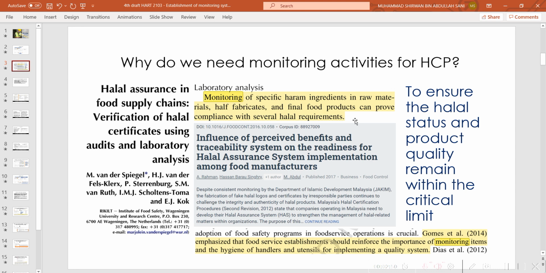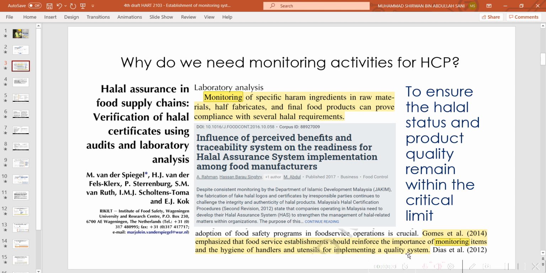So having monitoring activities will ensure that our products are really halal and also really toyyib, or safe for consumption, having nutrition and high quality. The aim of having these monitoring activities was also supported by Gomez et al., 2014, who emphasized that food service establishments shall reinforce the importance of monitoring items and the hygiene of handlers and utensils for implementation of quality systems.